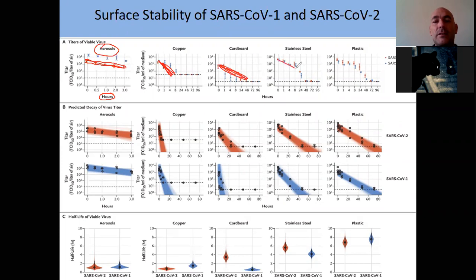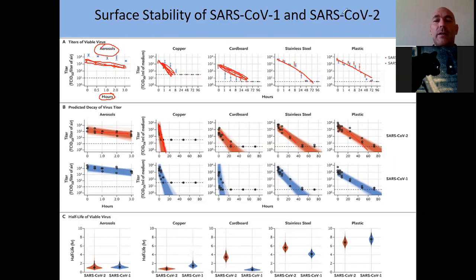Stainless steel is quite stable and plastic is quite stable, okay? And actually, if you look at the bottom here, you can see that the slope of this curve is much higher than the slope of all these curves here, which suggests that these copper surfaces can actually efficiently kill this virus.